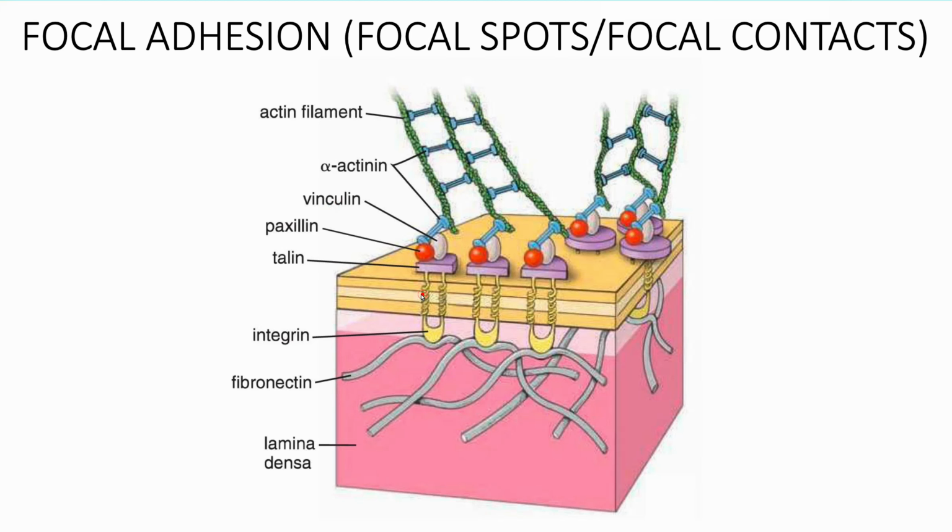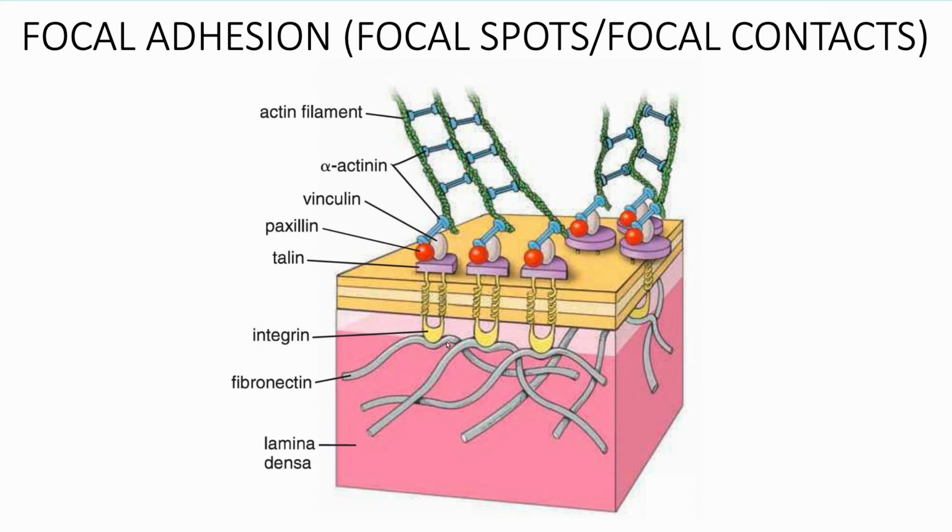The next component of the integrin family is the transmembrane connecting region, which we can see clearly traversing the cell membrane. The extracellular phase of these integrins includes extracellular matrix glycoproteins, usually laminin and fibronectin.